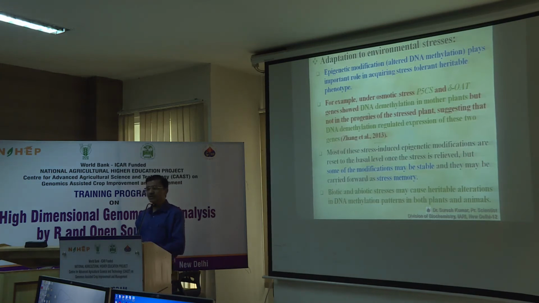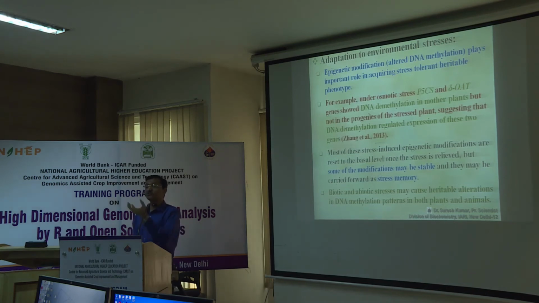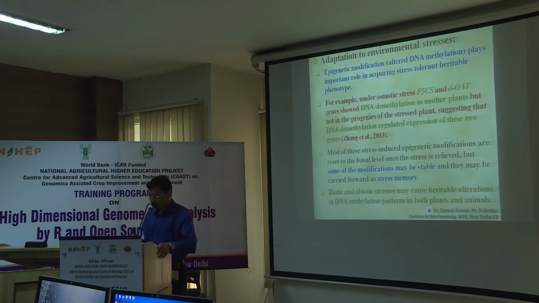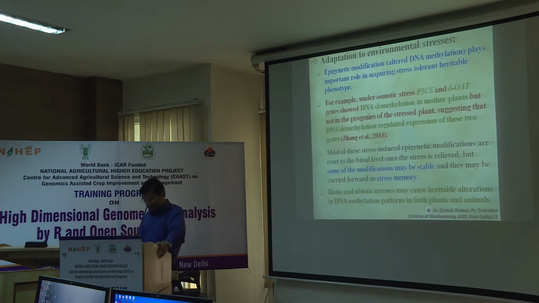So, we can also do that, isn't it? If that is happening naturally, we can increase the expression of the gene which is responsible for synthesis of proline or closing of stomata. We have seen inducible systems, so you spray something, it gets induced and stomata are closed. That is where we will see that epigenome editing will be required. But before going into epigenome editing, we need to identify such marks where to do the editing.